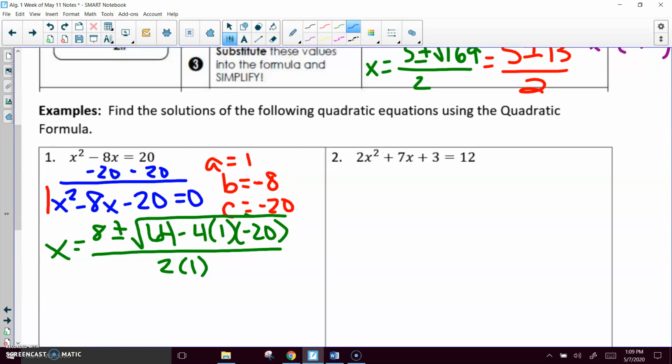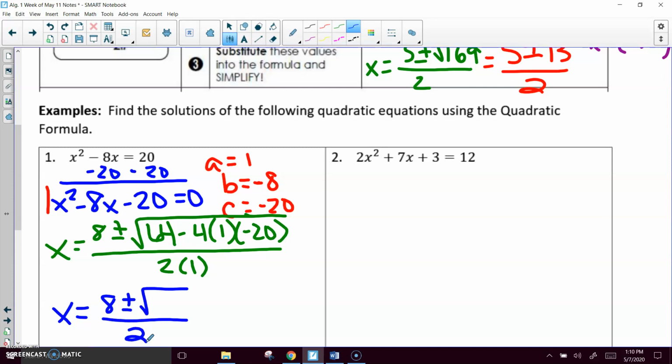Let's simplify. We've got our 8 out in front. When I simplify my denominator, 2 times 1 is 2. Underneath my square root, 64 minus 4 times 1 times negative 20.